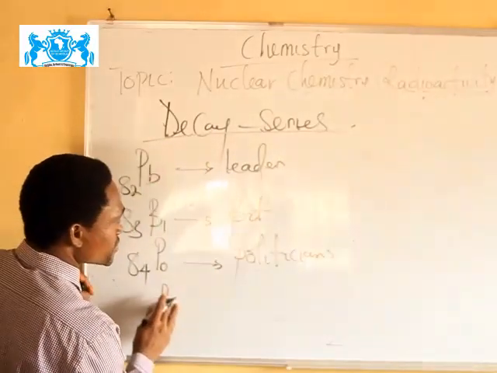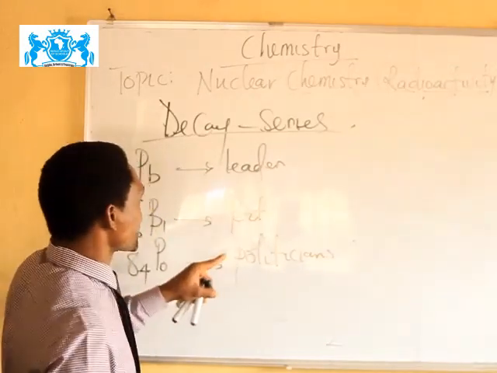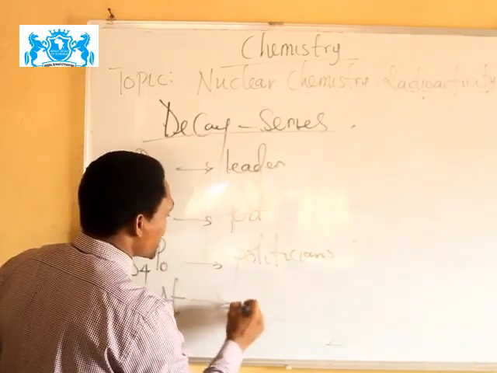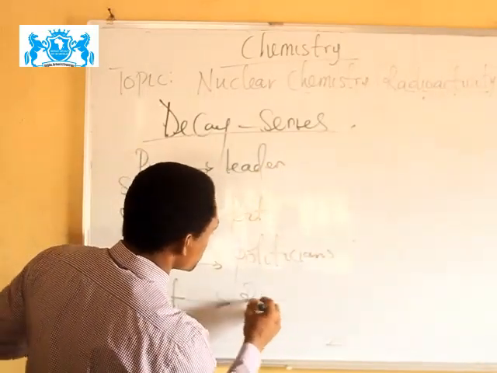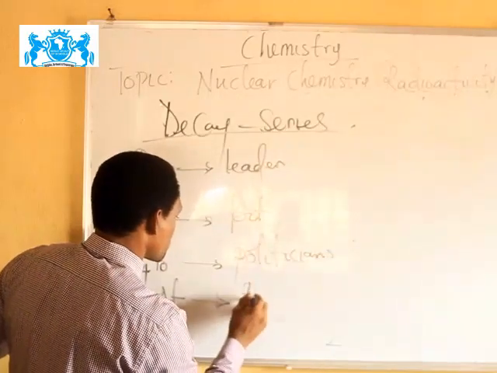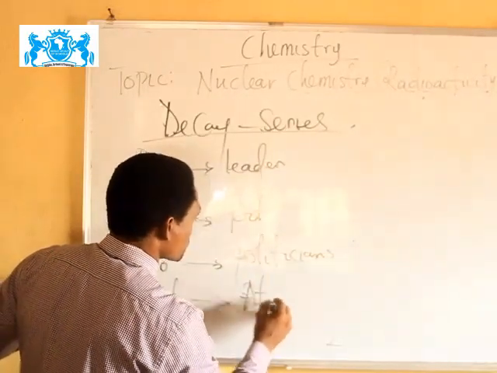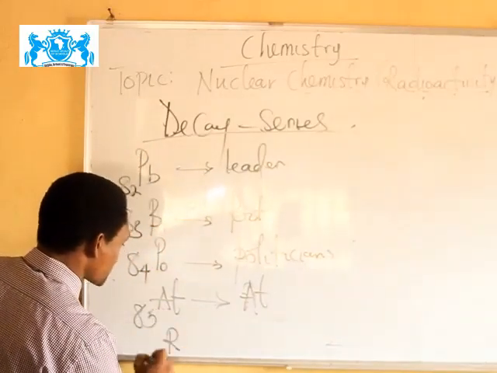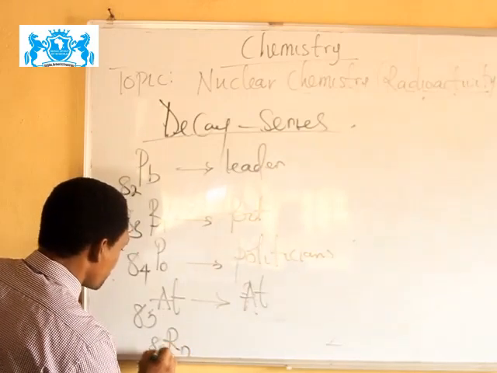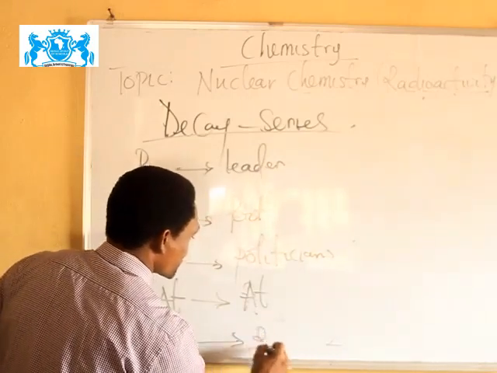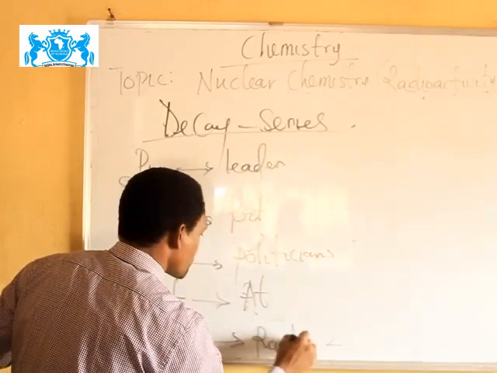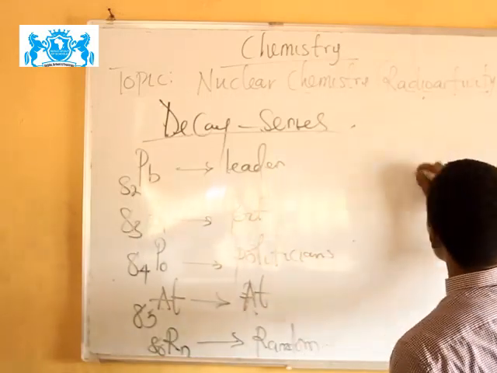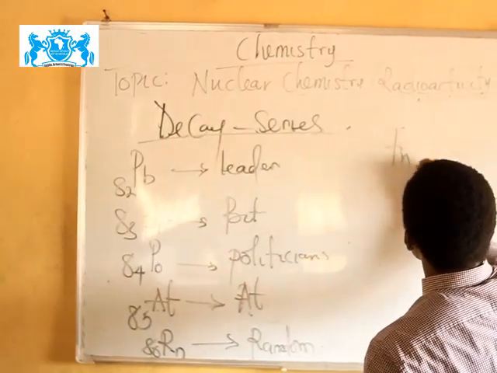The next is astatine: leaders beat politicians at. Then radon, atomic number 86: leaders beat politicians at random. The next is francium.